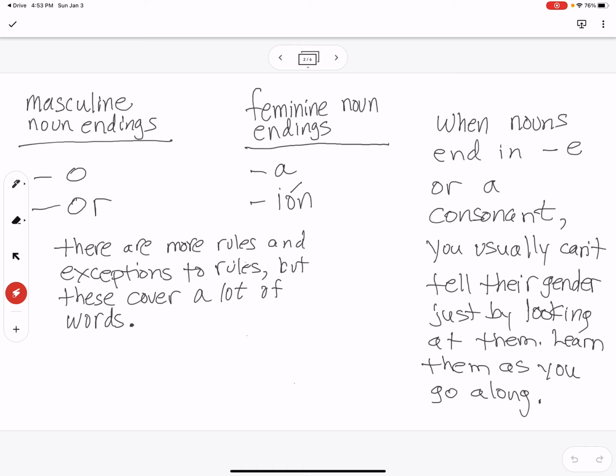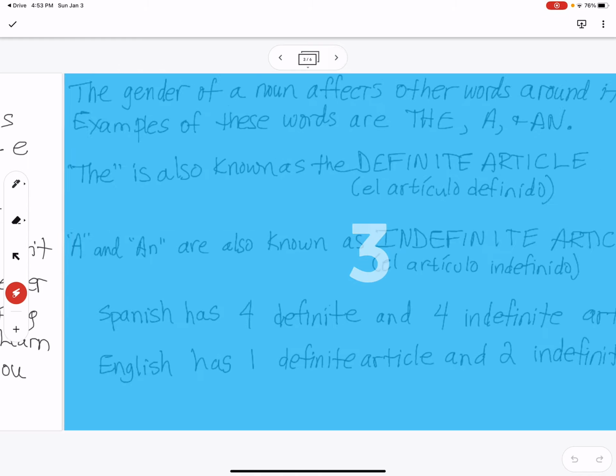So the ones that are not normal and are exceptions to the rule are ones that end in an E, or they don't have that, or they end in a consonant. These are the exceptions, and you'll learn these as you go along. But make sure that you make note of them, especially when you see a new word that you are just learning.